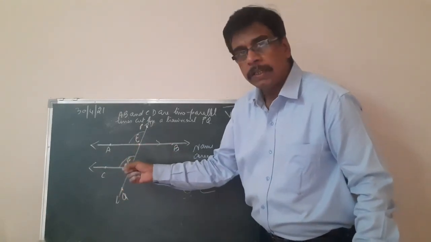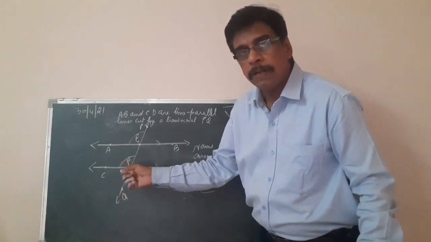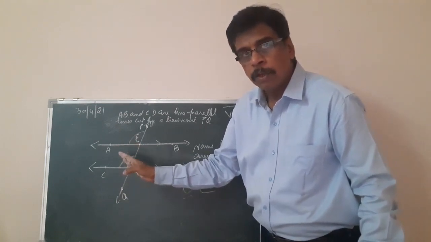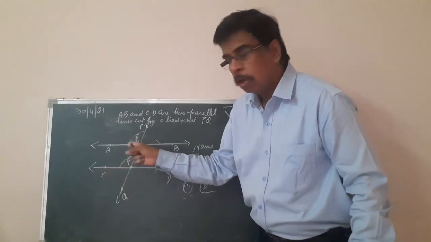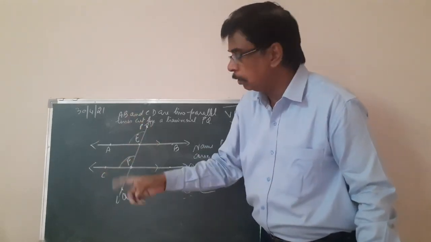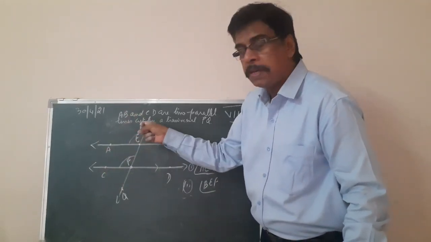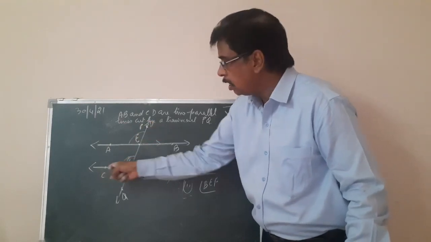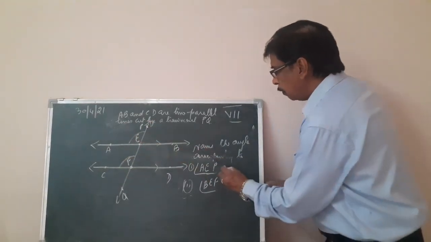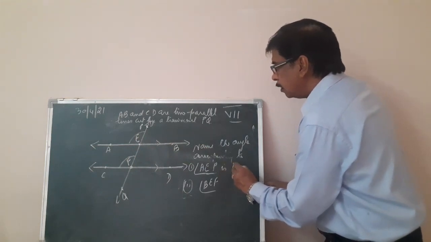F should be in the center. So we can call it CFE or EFC, which mean the same thing. So corresponding to AEP is this angle, that is CFE. So we can name it as angle CFE.